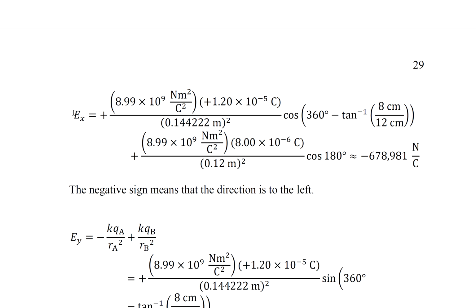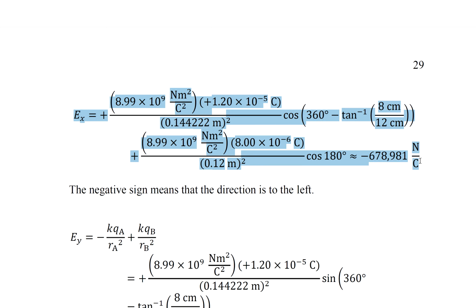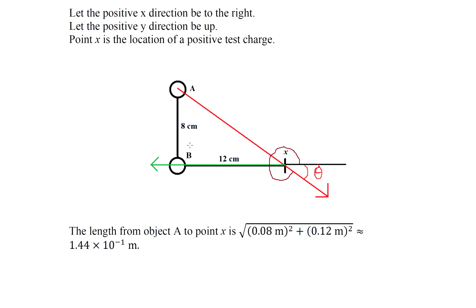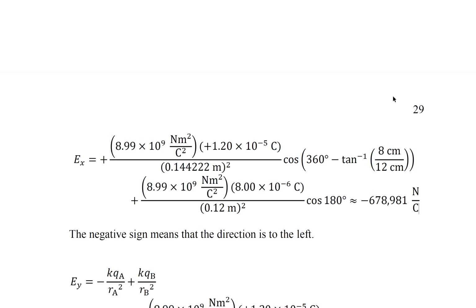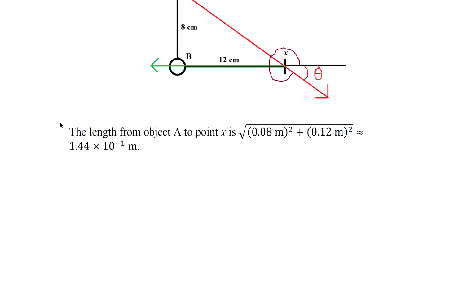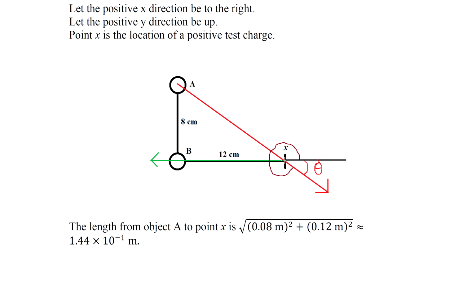So E sub x is going to be this. You see there's a plus sign on both because this theta will make sine and cosine positive or negative. So this negative sign means that E sub x is to the left. So that means the green electric field strength in the x direction is going to be stronger than the red electric field strength in the horizontal direction.